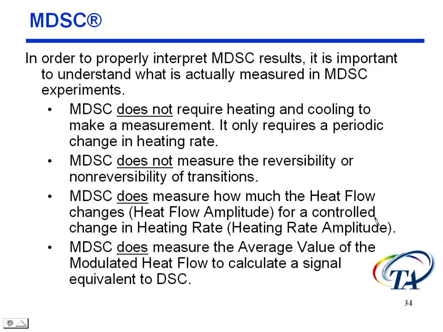And then modulated DSC does measure the average value of the modulated heat flow to calculate a signal that's equivalent to standard DSC, remember, at the same average heating rate. Now, once again, when we first came out with modulated DSC, there were some misunderstandings. Initially, people thought you had to have heating and cooling, but you don't. You just need that periodic change.